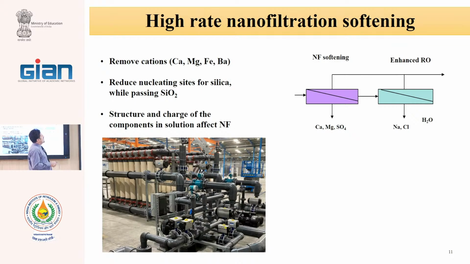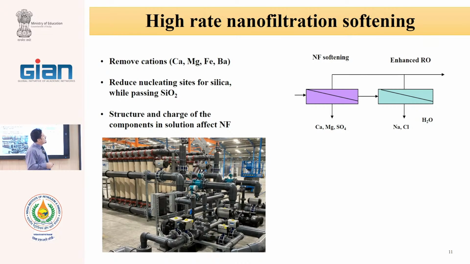The usual use, I say, is for softening, that is, removal of hardness, and in most industries they use this design for removal of both salinity and hardness, with nanofiltration as a pretreatment of RO. Using NF as a pretreatment of RO, the scaling of the RO membrane is reduced, and the recovery will be improved.